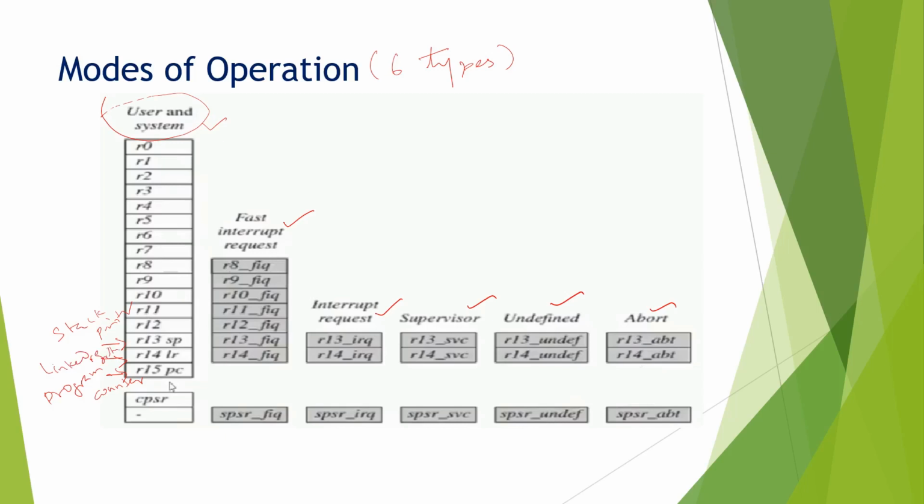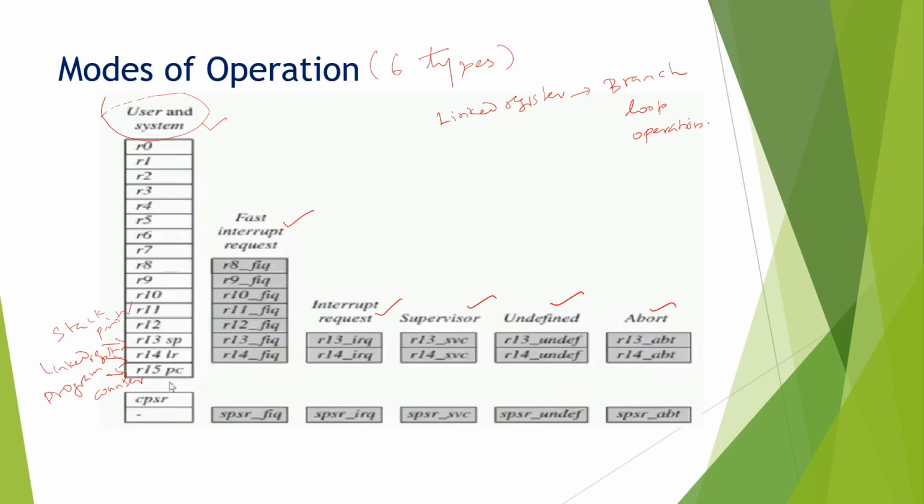So what is the need for the link register? This register is mainly used in branch operations. Suppose the processor is doing some computation. Suddenly, an interrupt disturbs the normal flow of operation.